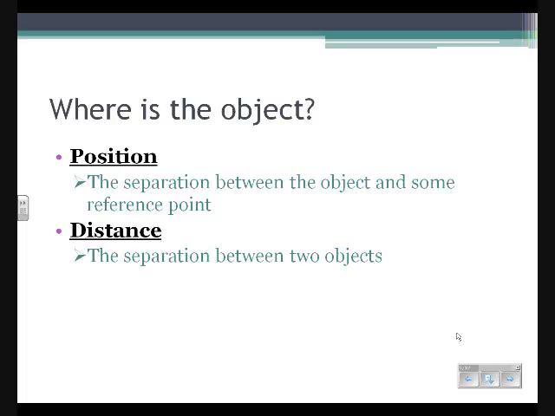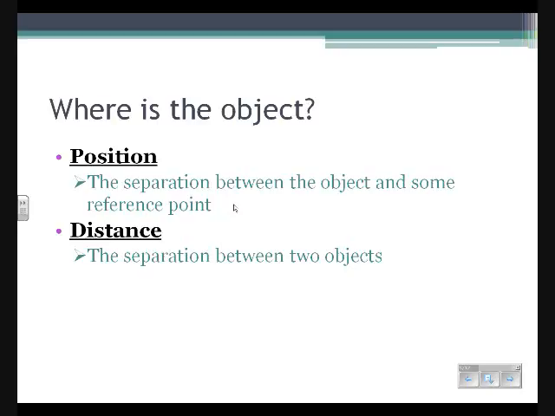It doesn't, because we need the second one, the one on the top that says position, the separation between the object and some reference point. If we talk about the distance between Batman and the door of room 246 at Westlake High School, and I tell you that Batman is, let's say, 5.5 meters in the east-southeast direction from the door of room 246, could you find Batman?